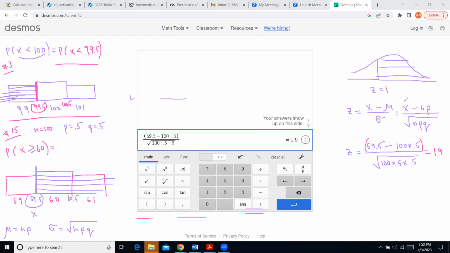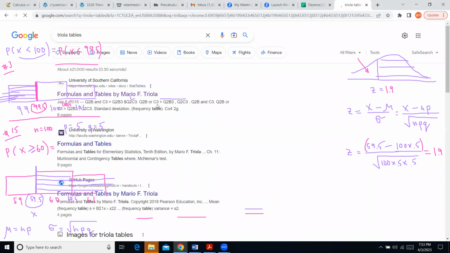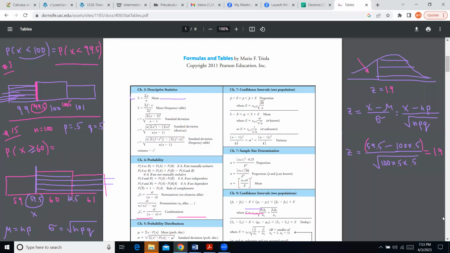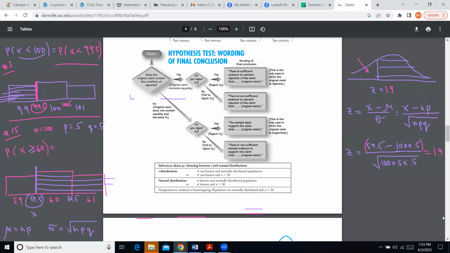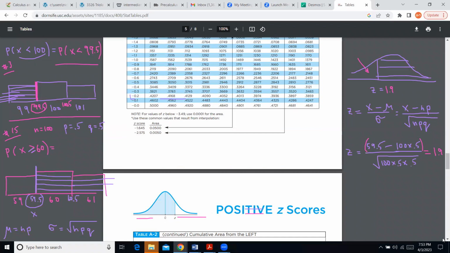When you have such a z-score, then you can find the area from it to the left, right? So I need to type Triola's tables. I start typing, and it appears. I need to go to the middle of these tables. Remember where those z-scores are. I need to find positive z-scores, so that's on the next page after the negatives.